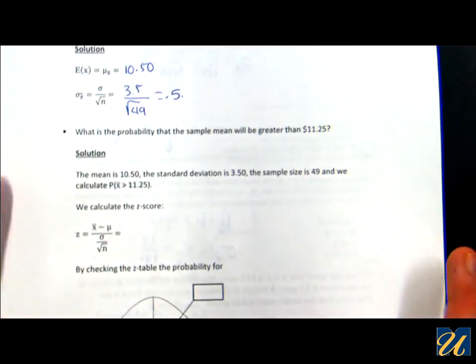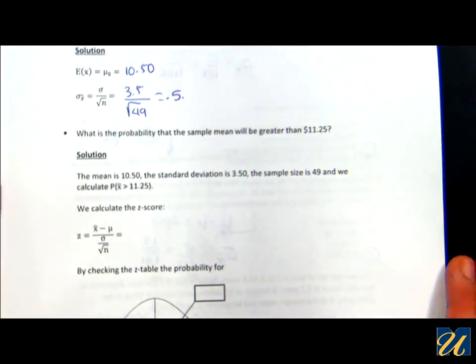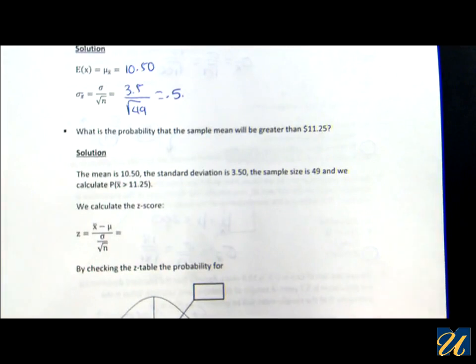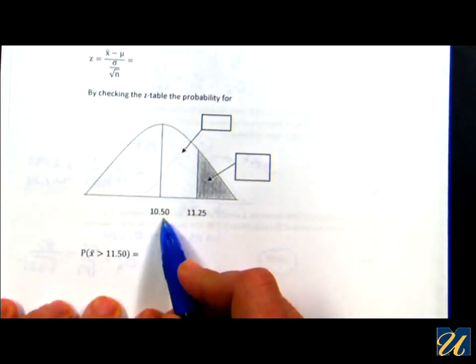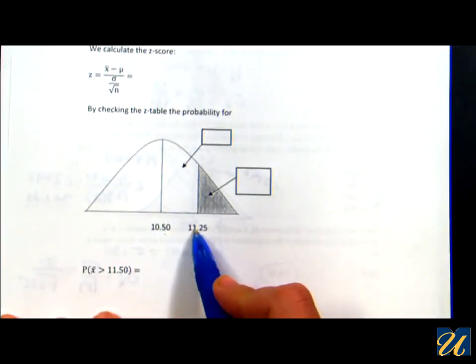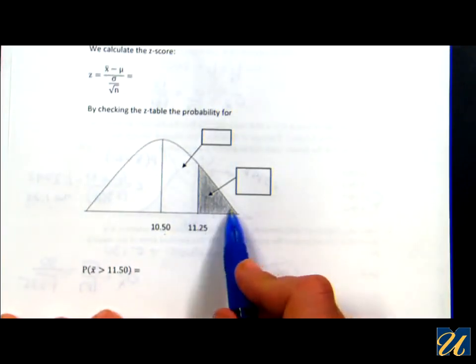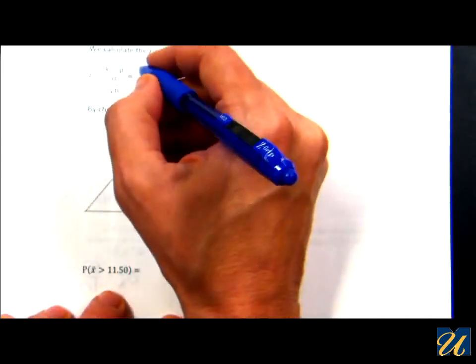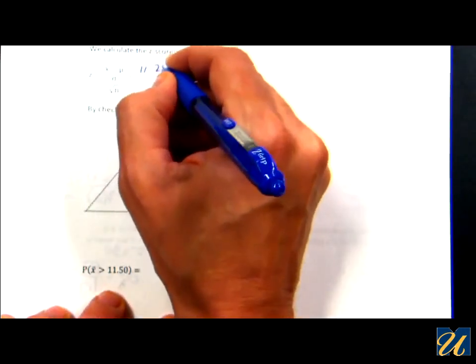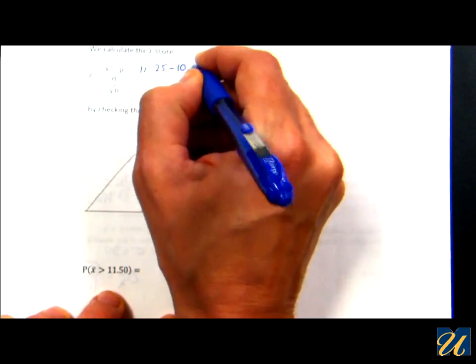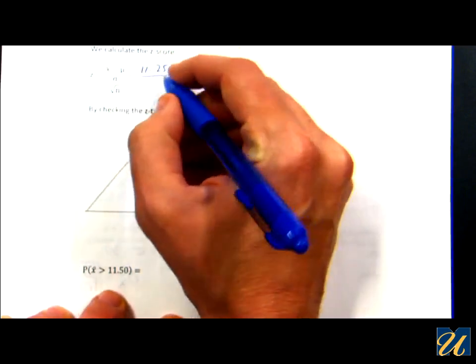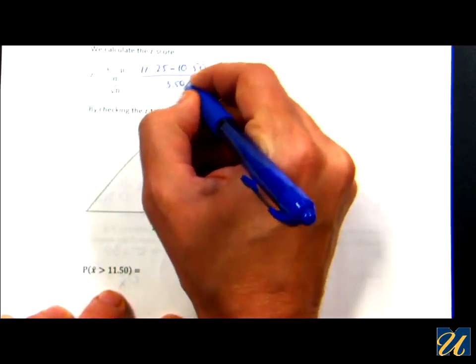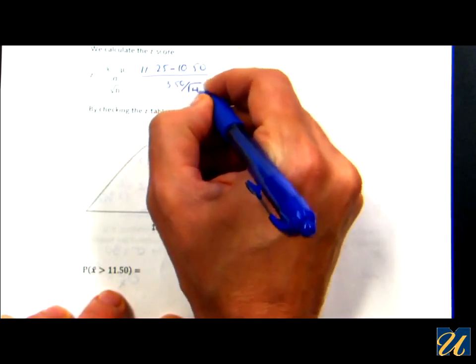What is the probability that the sample mean will be greater than 11.25? So we have mu x bar equal to 10.5, 11.25 is to the right, greater than 11.25, I'm looking for a right tail. We calculate the z-score, 11.25 minus 10.50 over 3.50 divided by square root of 49.